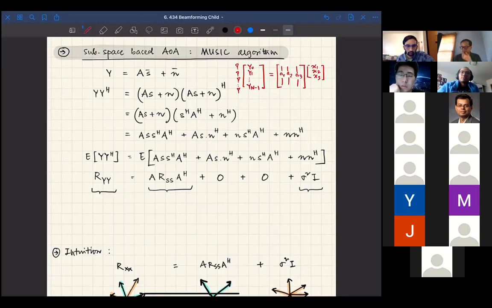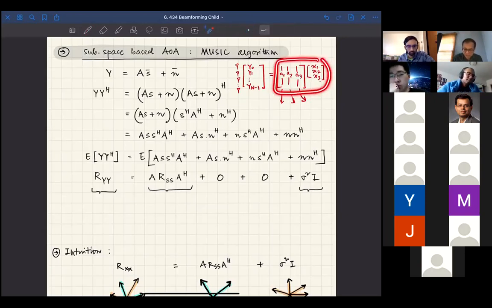Go ahead, Lucas. It's like the delay associated with that specific path. Correct. This is the set of delays associated with that specific angle of arrival. The second one is the delays associated with the second angle of arrival for the second signal. This is the delay associated for X3.